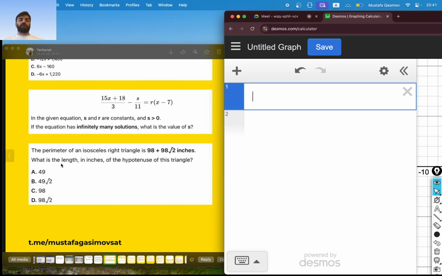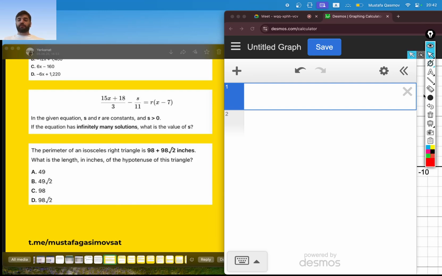Okay. Perimeter of an isosceles right triangle is equal to 98 plus 98 square root of 2. Okay, generally what's an isosceles right triangle? So it is like that. It is a, a, and a square root of 2. It is given at reference in exam.